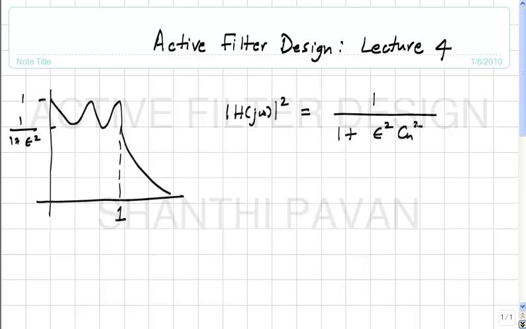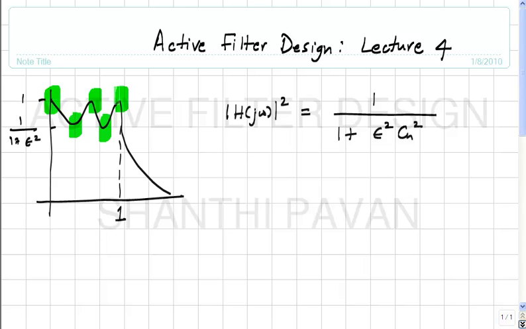In this particular picture, the order of the filter is 5, and how do you get that 5? You can count the number of peaks and valleys. So this is 1, 2, 3, 4.